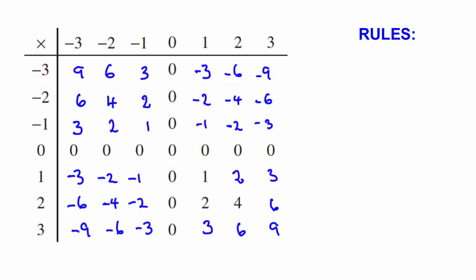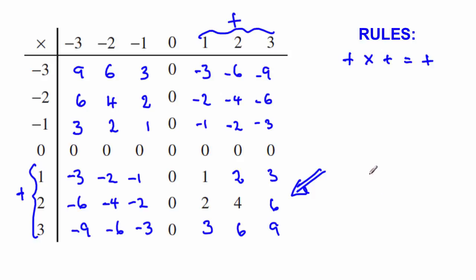Now, once you've got this grid completed, you can start to see some patterns. We know already that these are positive numbers and these are positive numbers. So if I take these positives and I multiply them with these positives, I get into this section here. So I can say that a positive number multiplied by a positive number will actually give me a positive number.